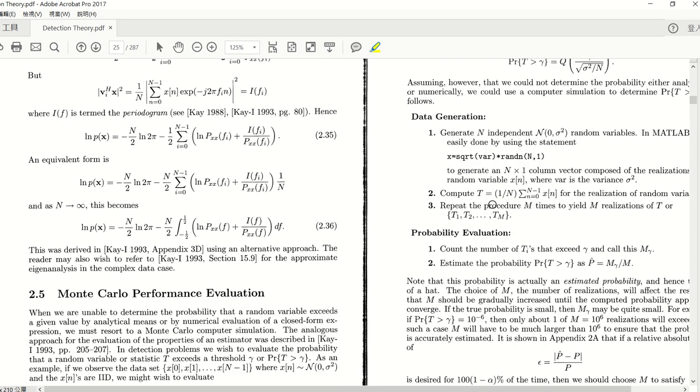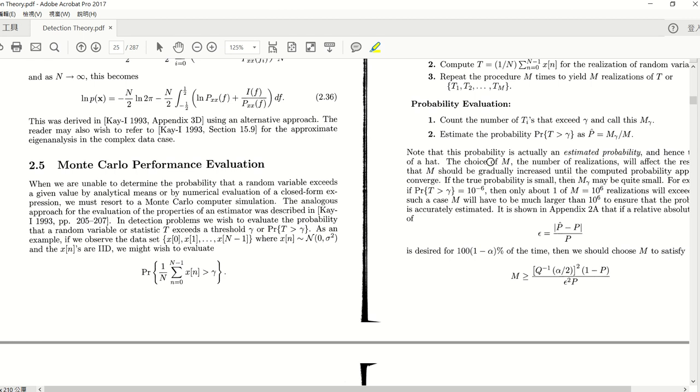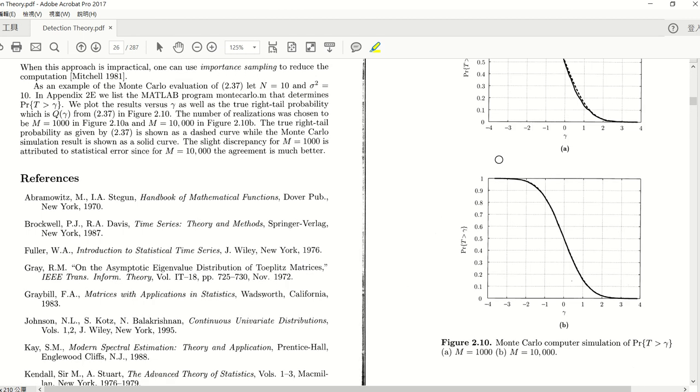For example, here people are talking about how to do a Monte Carlo evaluation, but we skip it.